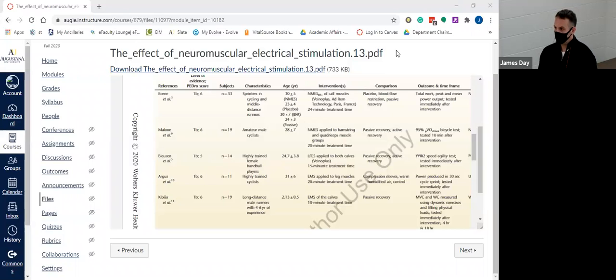Oftentimes, research and specific research studies address more than one concept at a time, because you're collecting data and you're going to do multiple analysis of that data. We only may be interested in part of that analysis.